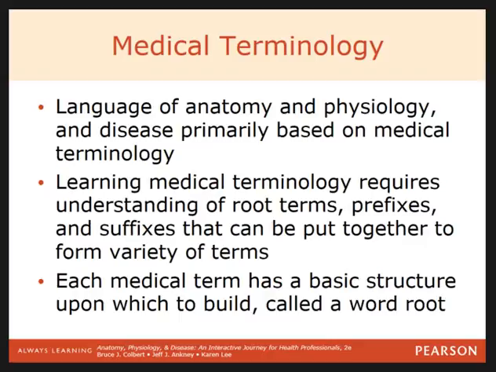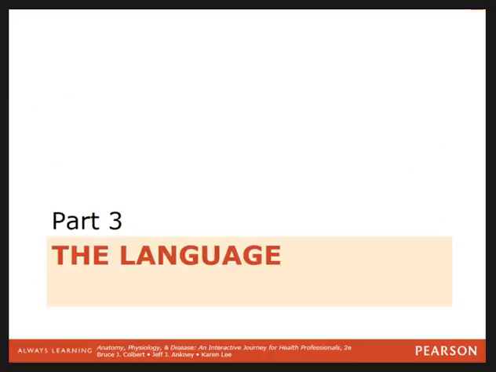Each medical term has a basic structure from which we build, and that is called the root word. Some of this also applies when we start talking about drugs and their drug names. So part 3 is the language. Part 3, we're only going to do a quick overview.